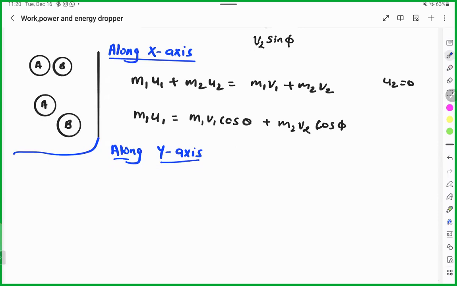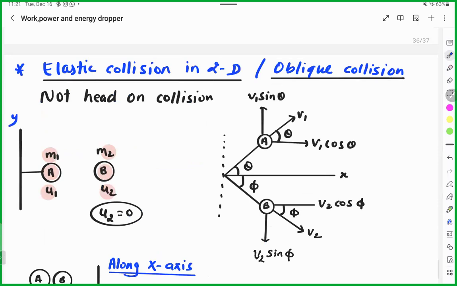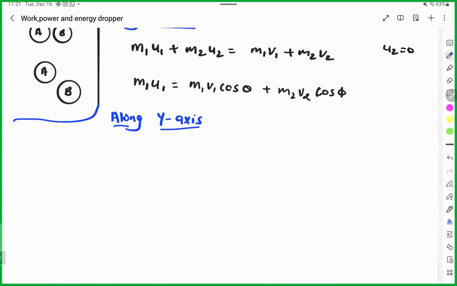In the case of the y-axis, the initial momentum is 0 because both balls were moving along the x-axis, so they were not moving in the y-axis. The formula will be the same: m1u1 + m2u2 = m1v1 + m2v2. This value will be 0 because in the y-axis there is no movement as such.